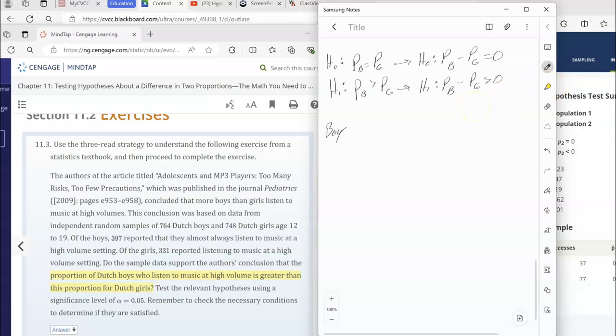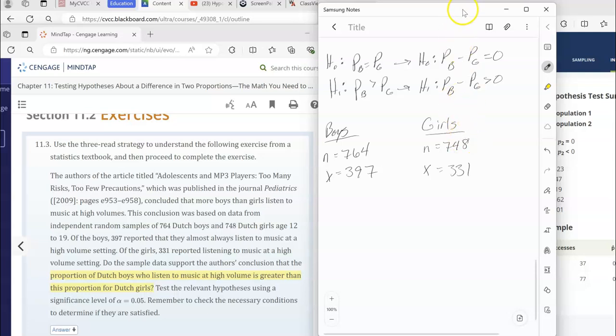So let's collect all of our information. We had a total of 764 boys and 748 girls. Of the boys, we had 397 that listened to loud music, basically, and girls, we had 331.